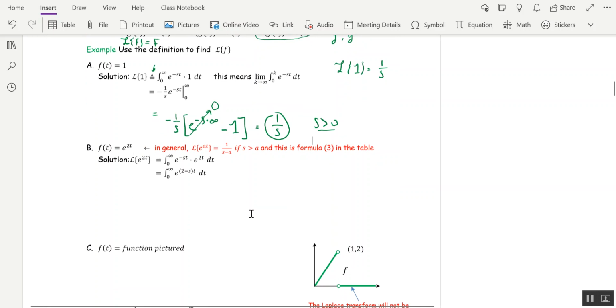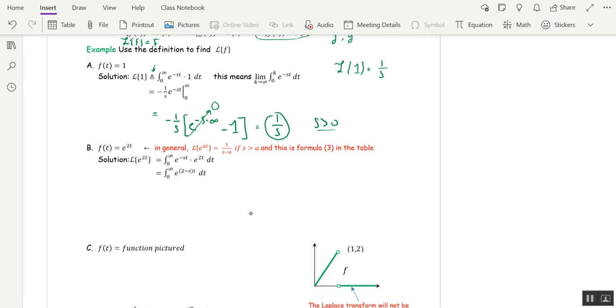2t. So using our formula, the table says L of e to the at is 1 over s minus a. So in this case, a is 2. I should get 1 over s minus 2 when I use the definition. So let's see how that works. I took L of e to the 2t. That's the integral from 0 to infinity of e to the negative st times e to the 2t.